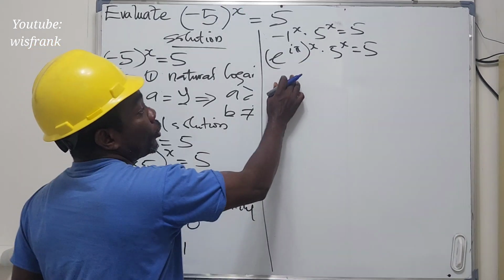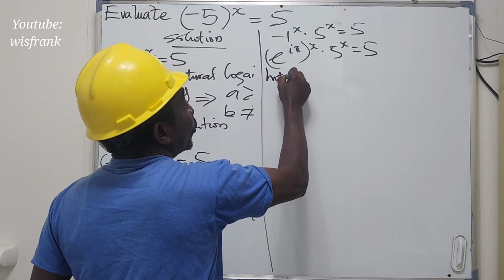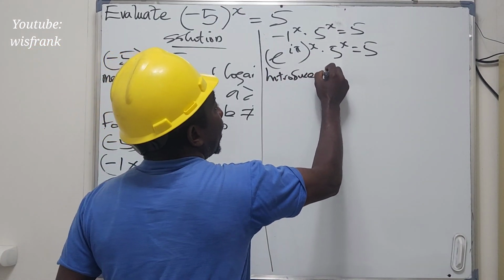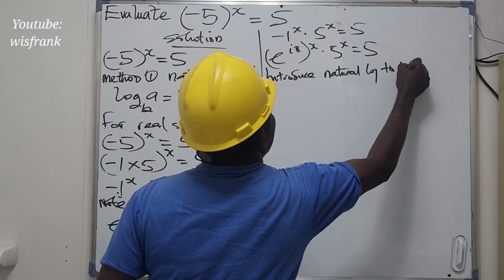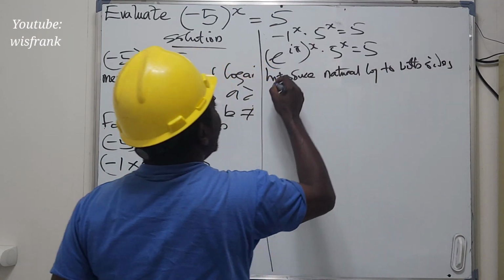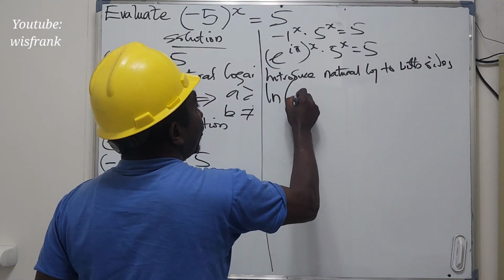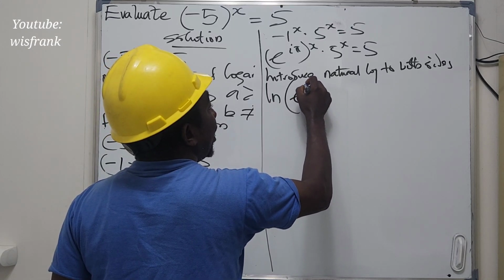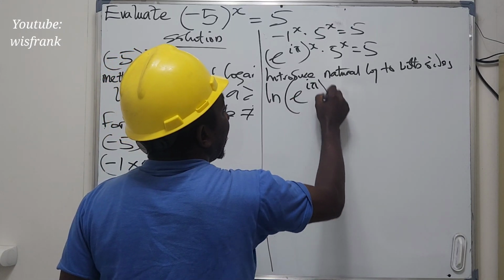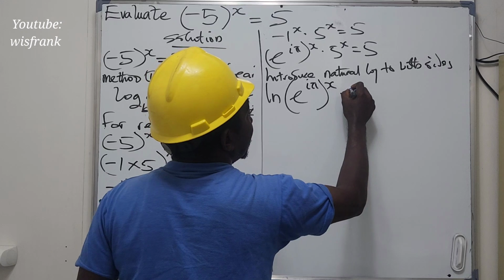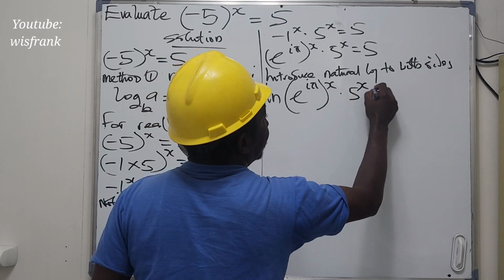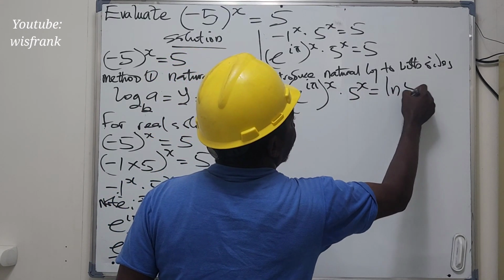The next step is for us to introduce natural log to both sides. So this will be ln of (e^(i pi))^x times 5^x equals ln of 5.